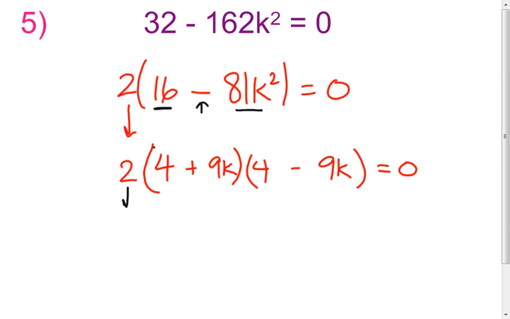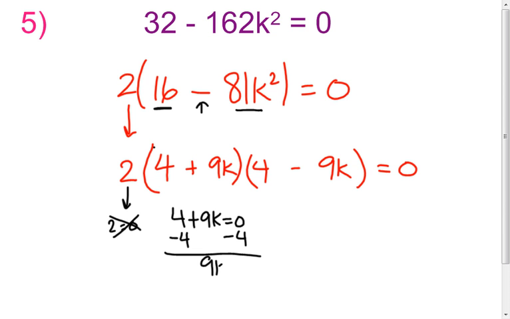So if I look at this part, there's no variable in there. I don't have a k in there, so I don't have to figure out what k has to be. And if you think about 2 equals 0, 2 never equals 0. Okay? Over here, 4 plus 9k equals 0. I will subtract 4, and I will have 9k equals negative 4.